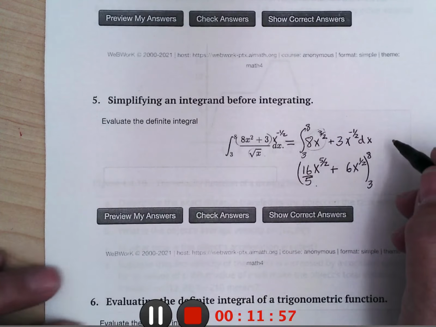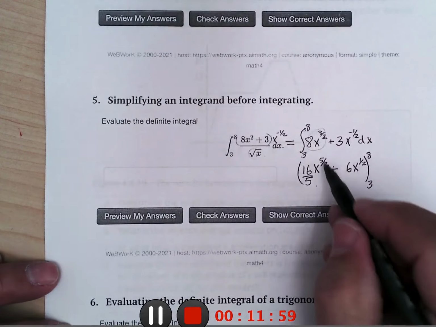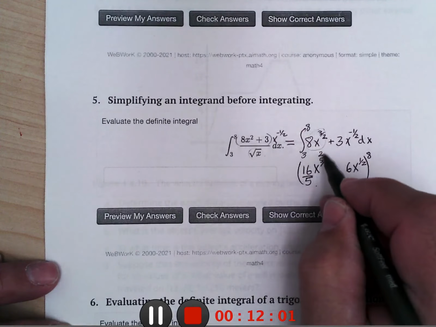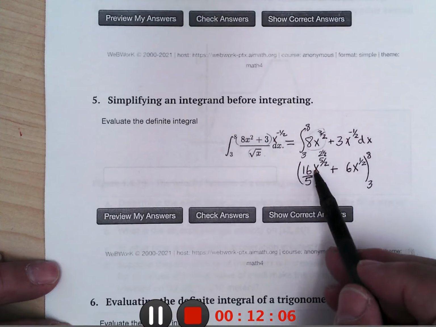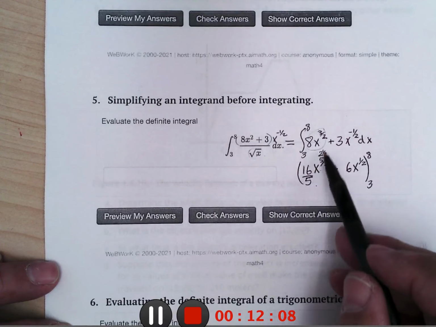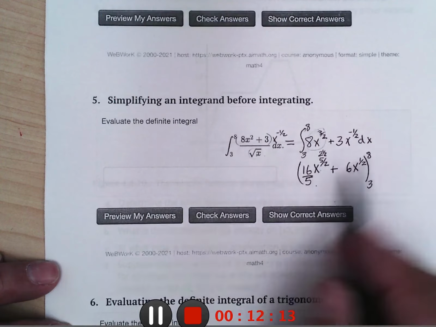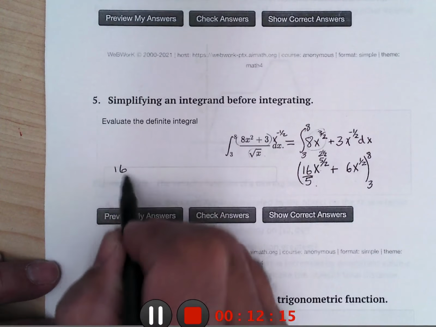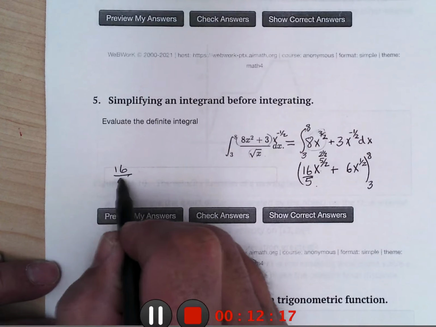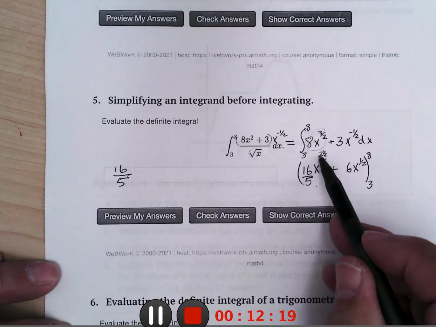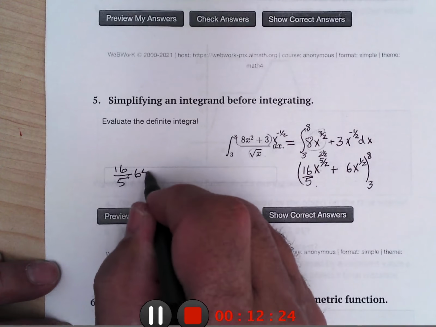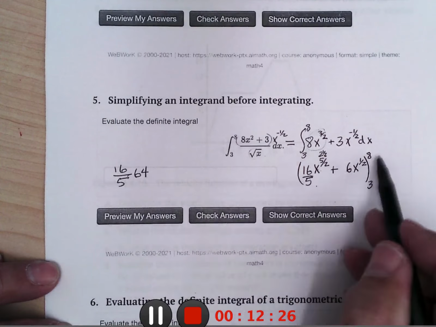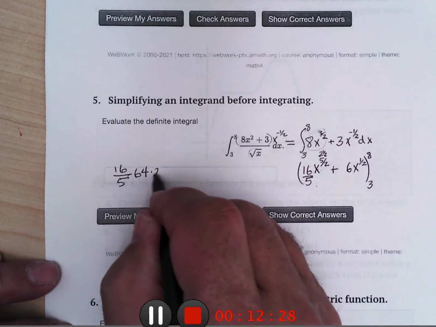Now, 5/2 is 2 1/2, which means it's x squared times the square root of x. So this would be 16/5 times x squared, 8 squared, which is 64, times the square root of 8, which is 2 square roots of 2.